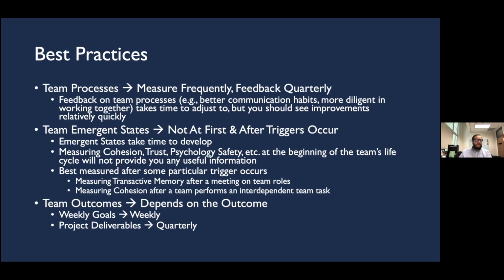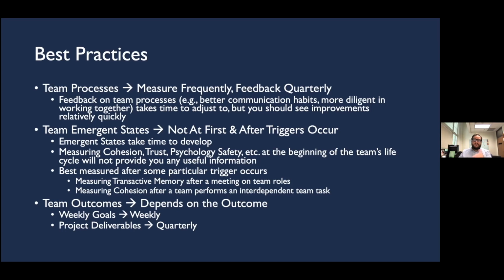So an example would be maybe measuring transactive memory after a meeting on clarifying team roles, or measuring cohesion after a team performs a relatively interdependent task. So it's always good to measure these after some sort of event occurs. If these events don't occur, then emergent states are not going to develop, and you won't be able to really get anything from those measures.